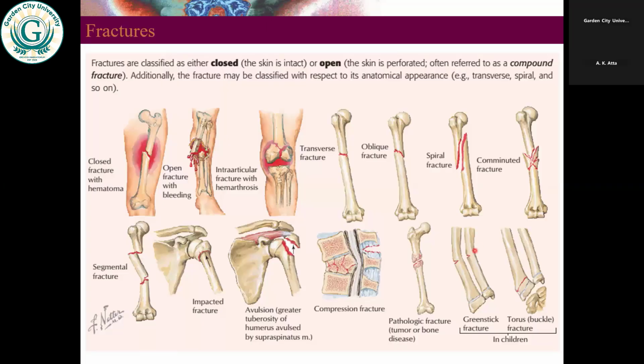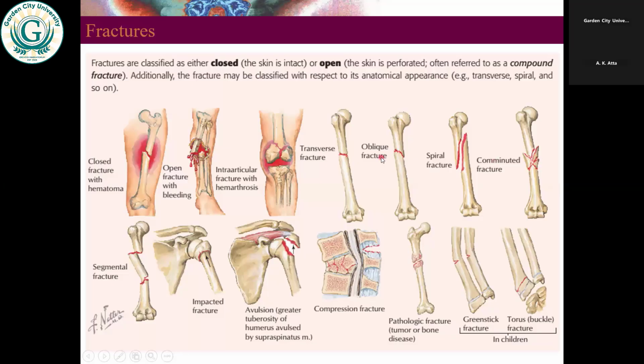There are so many types of fractures. This one is the classic, but we are not going to talk about those ones. Let me see whether, oh, it's not even here. So that is better. We are not going to talk about those ones. This one is an impacted fracture. You see that part of the femur is moved inside it. Comminuted, you see that it breaks into several pieces.